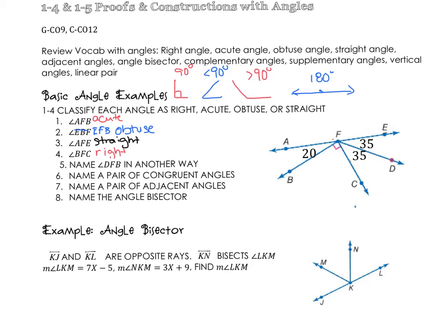So here is DFB. So the vertex has to stay in the middle. By the way, that's your angle symbol. Some people kind of make it look like a less than sign, but it really should be angled down and straight across. It should be BFD.